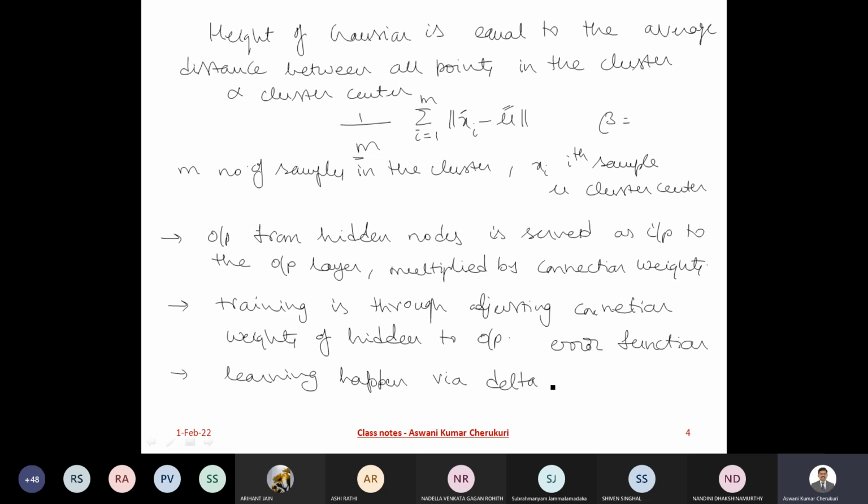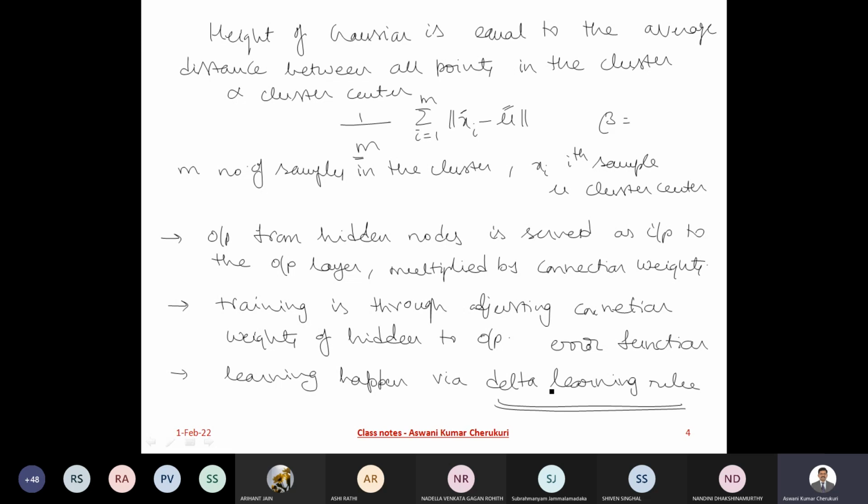All of you remember the delta learning rule that we discussed when we talked about the Adaline. So like the typical Adaline, the activation propagates from hidden to output, you verify the targets at the output, and the connection weights between hidden and output are adjusted via the delta learning rule. This is how a typical RBF network works.